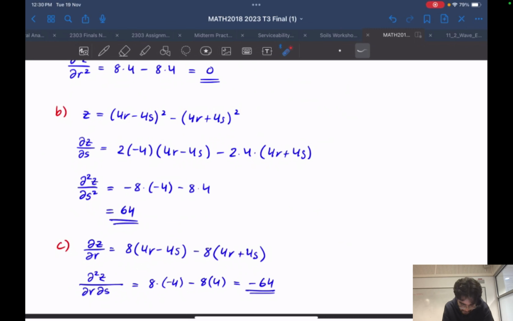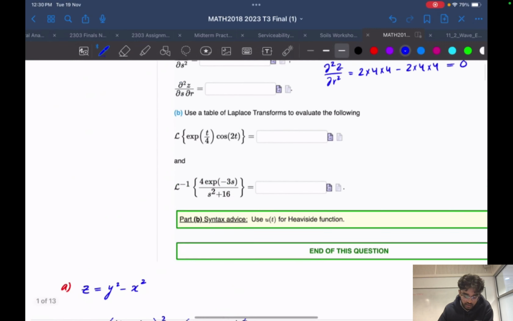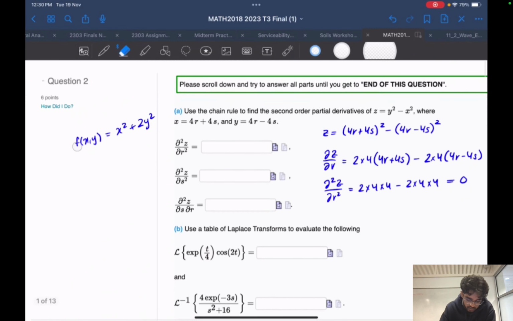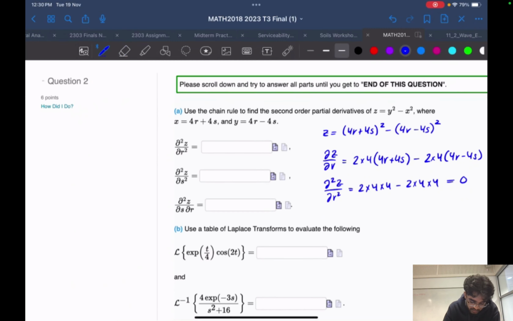Wait a second. Minus 8 times that. Oh, sorry, this is 0. Oops. Yeah, this is 0. Yeah, so actually, the difference of two squares method does work. So I'll quickly go through that as well. A squared minus b squared is equal to a plus b, a minus b.